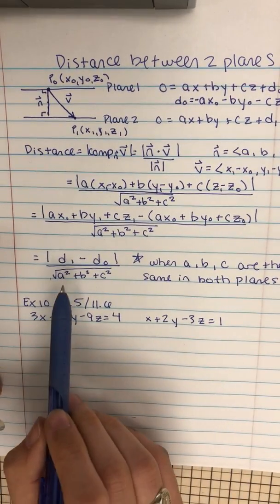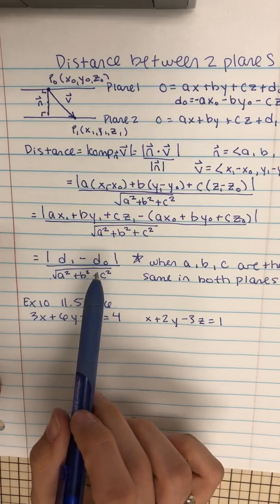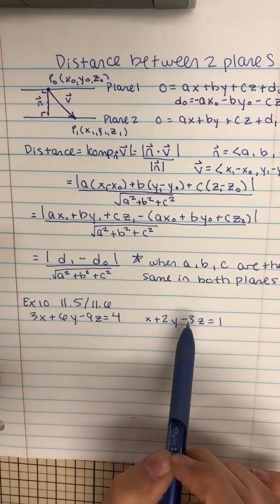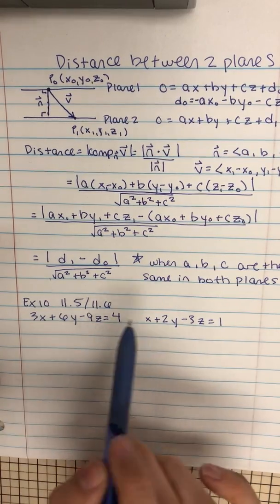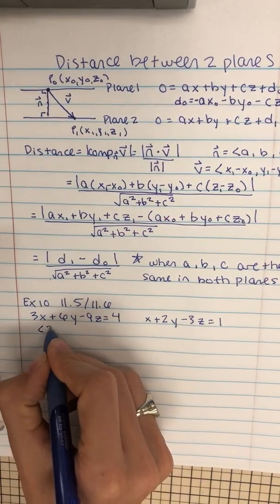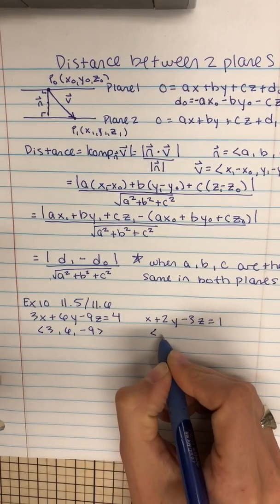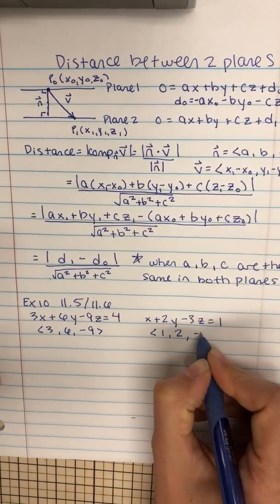So you can see right away that I couldn't jump right to using this formula because the A, B, and C are not the same. Now, they are parallel vectors because these normal vectors are scalar multiples of each other.